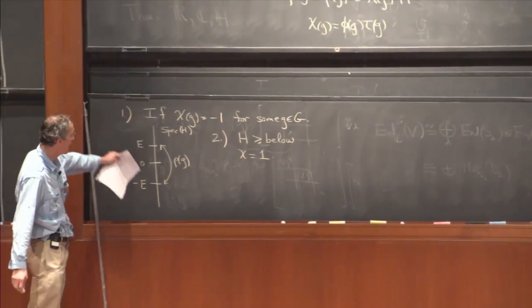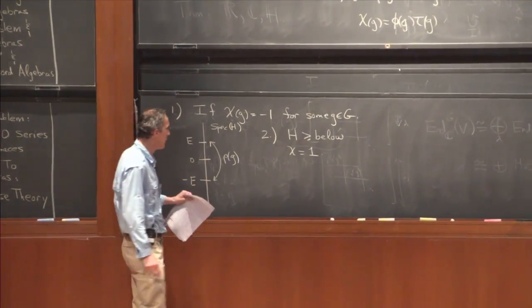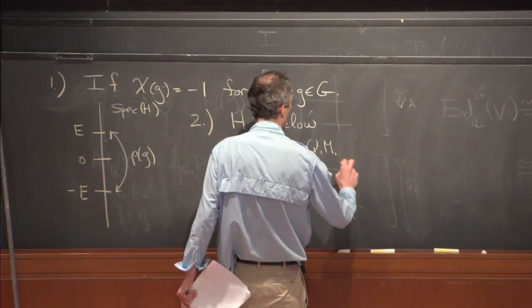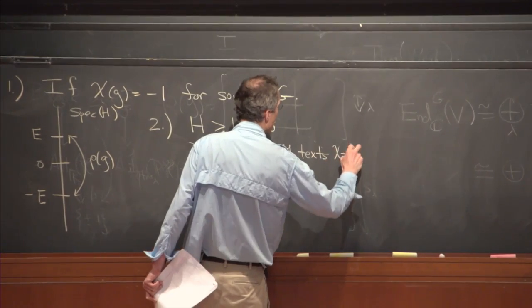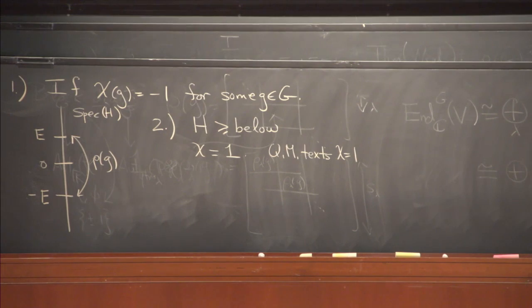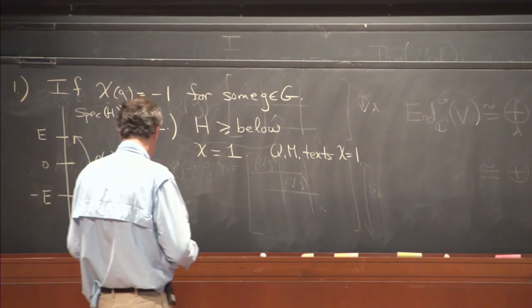Because you can't have this symmetry if H is bounded below and not above. And so, indeed, all of the quantum mechanics texts that I've consulted say that chi is 1. They say that a symmetry is anti-unitary if and only if it reverses the orientation of time.